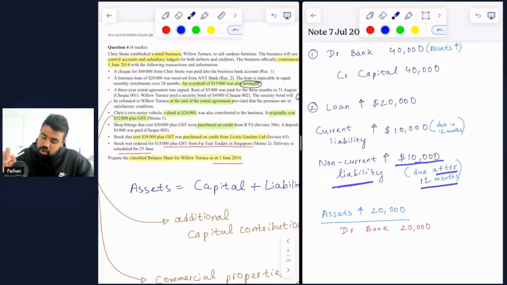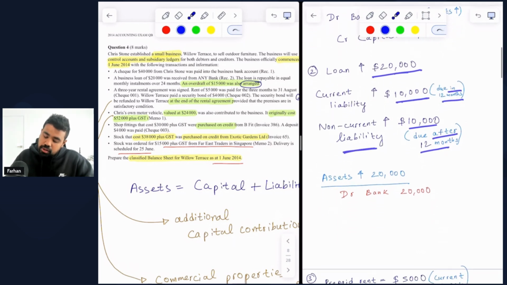All right. So the original loan we have taken is $20,000, out of which $10,000 is the current liability portion due in the next 12 months, and $10,000 is the non-current liability portion, which is due after the 12 months in between month 13 and month 24 inclusive.